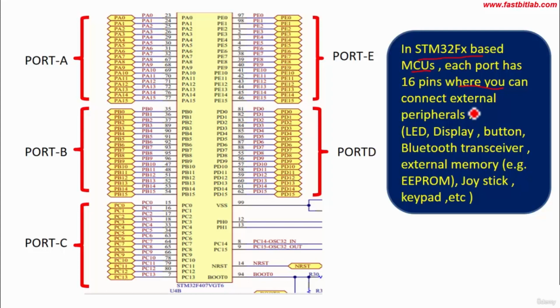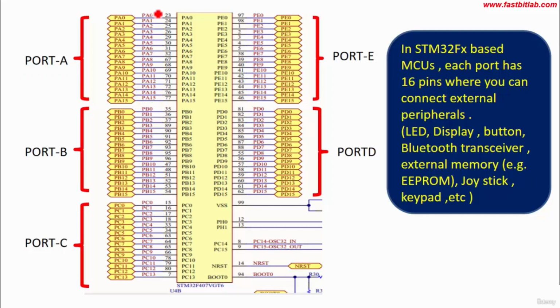If you want to make those external connections, then you can take help of these ports which are exposed on the board. If you take a look at this picture, all these pins can be segregated into different ports like port A, port E, port D, and each port is a collection of 16 pins. For example, all these pins actually belong to port A. The first pin is called PA0, that is port A, pin number 0, and the last pin here is PA15.